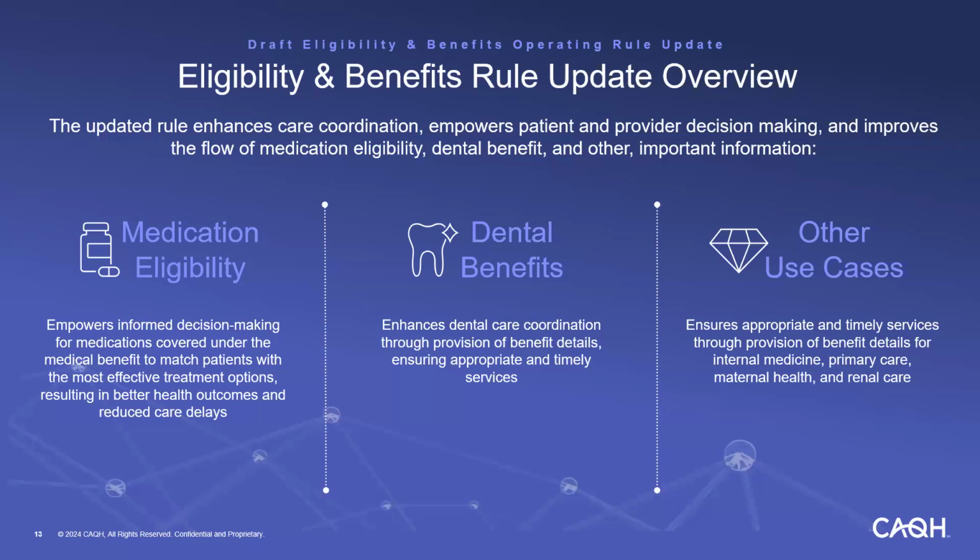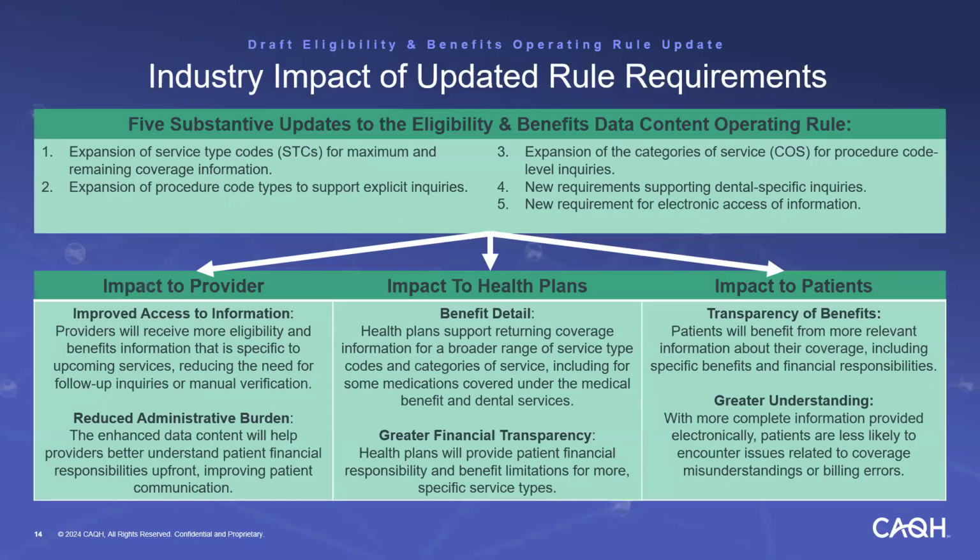Now, turn the page and going one level deeper. The slides, the next 2 slides here, I'll speak slowly to them. How about that? So version 2.1, that's the updated version of the eligibility and benefits data content operating rule, makes 5 substantive updates to the existing version. The existing version is version 2.0. 3 of the updates are expansions of pre-existing requirements from the current rule.